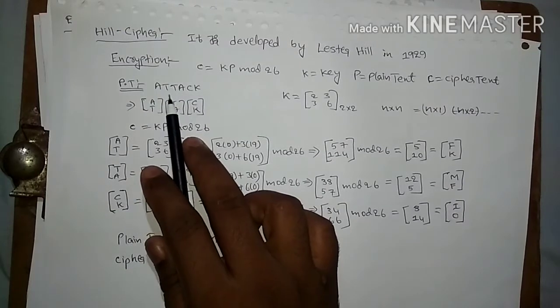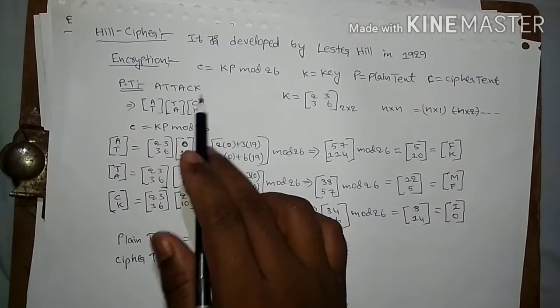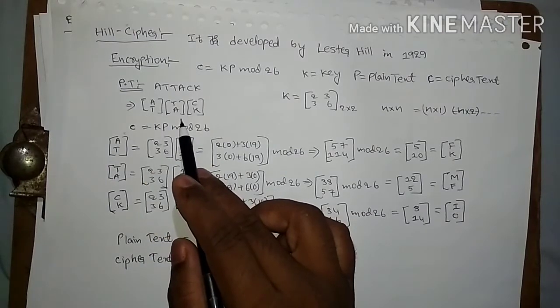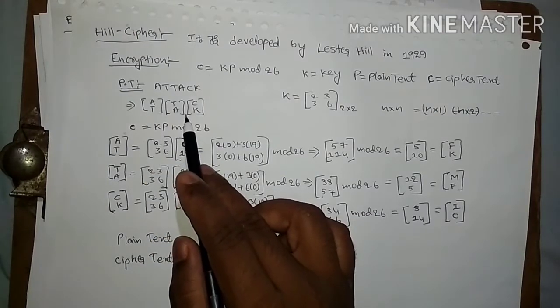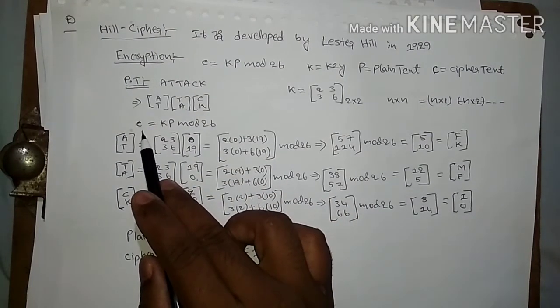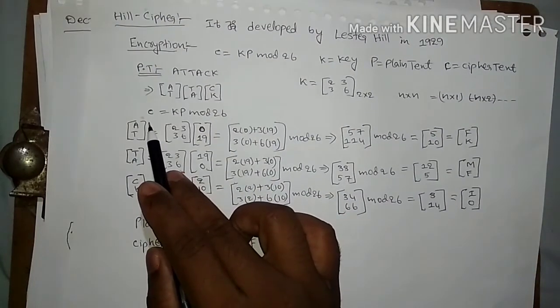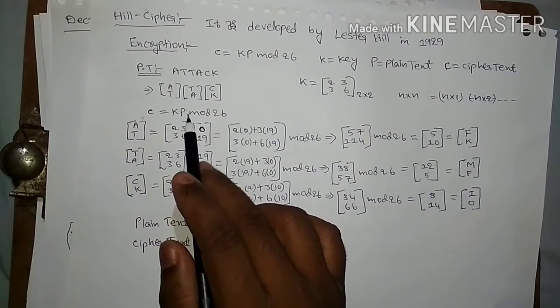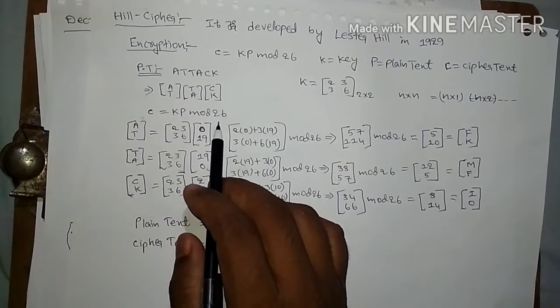In this plain text there are 6 characters, AT, TA, CK, so 3 vectors are generated. For the encryption formula, the ciphertext is key into plain text modulus 26.